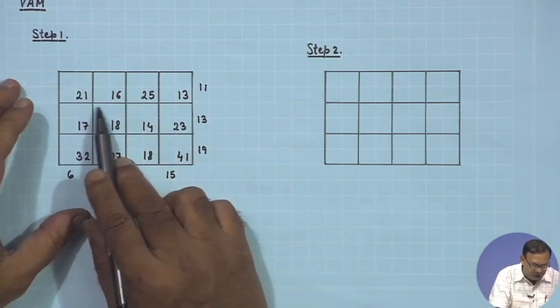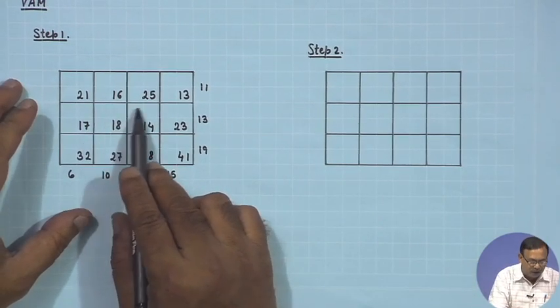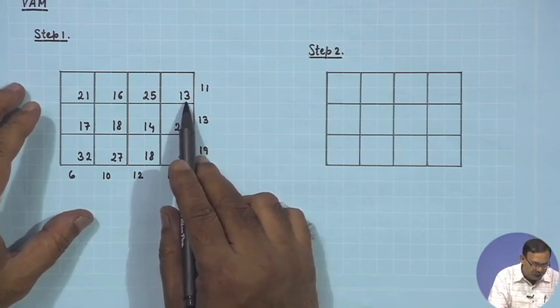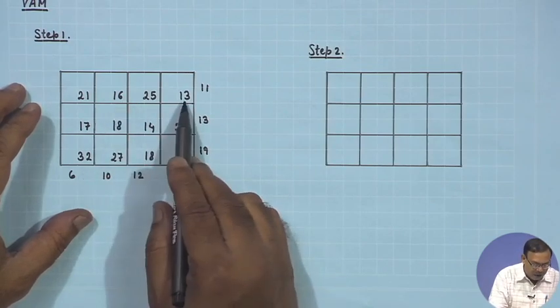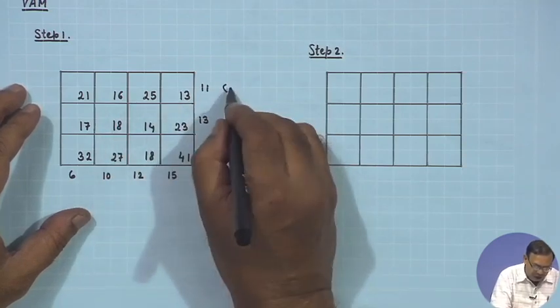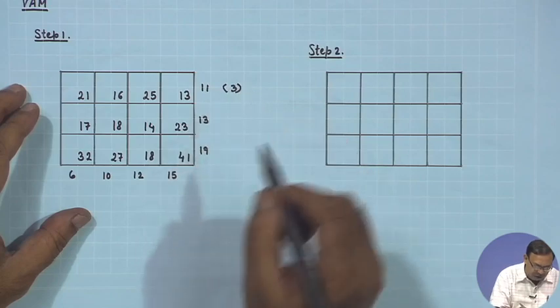If you see this row, the elements are 21, 16, 25 and 13. The smallest cost is 13 and the second smallest is 16. Therefore, the difference of these two you write here within bracket. So, 16 minus 13, it is 3.